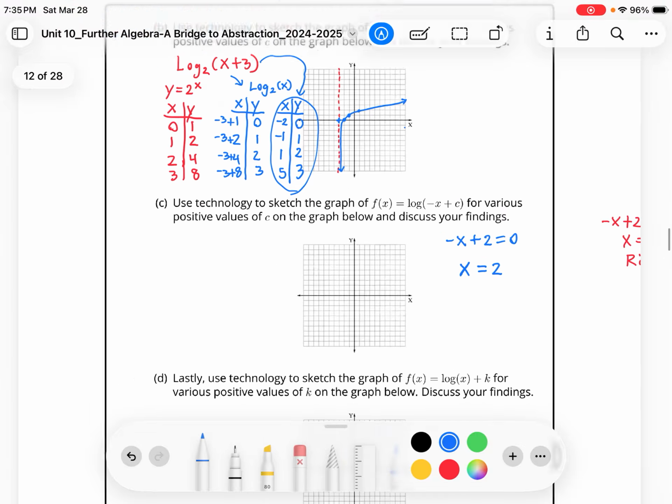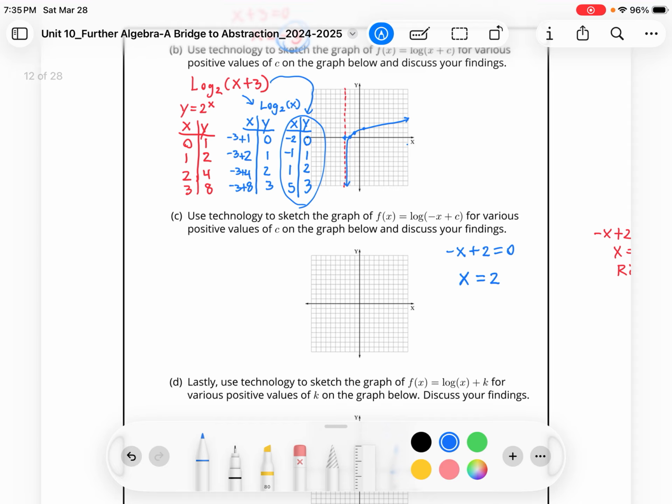If I had the same graph, for example, but this would be instead of, all right, if I set that equal to 0, I would get x is equal to 3.